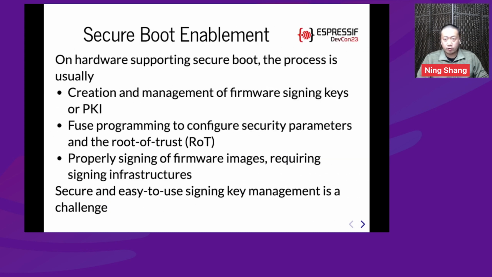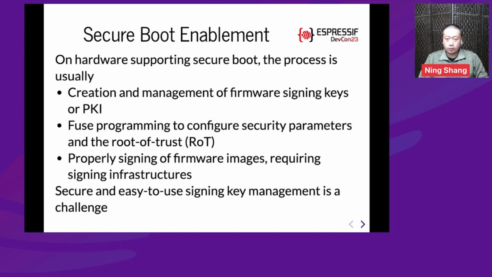To enable Secure Boot on the hardware device, the process usually consists of the following steps. First of all, we need to create and manage firmware signing keys or a public key infrastructure.